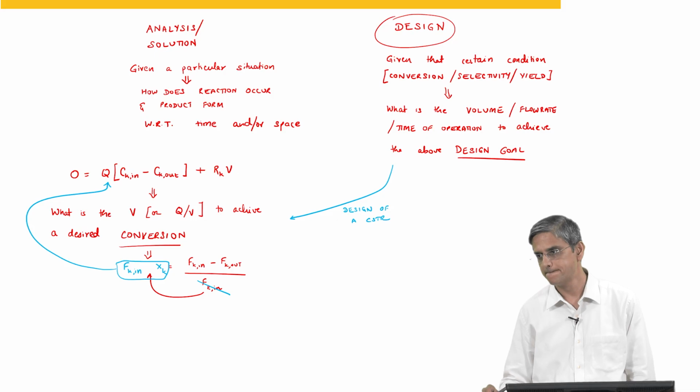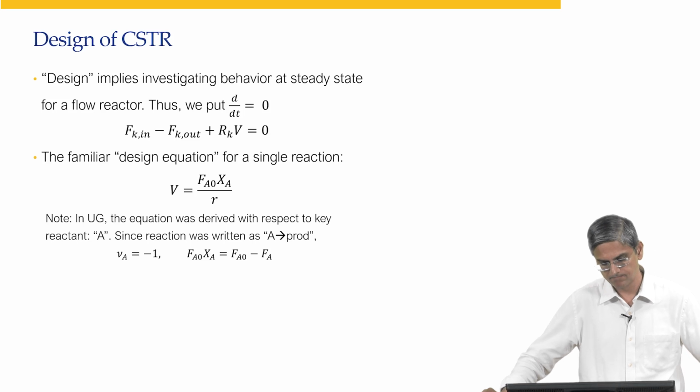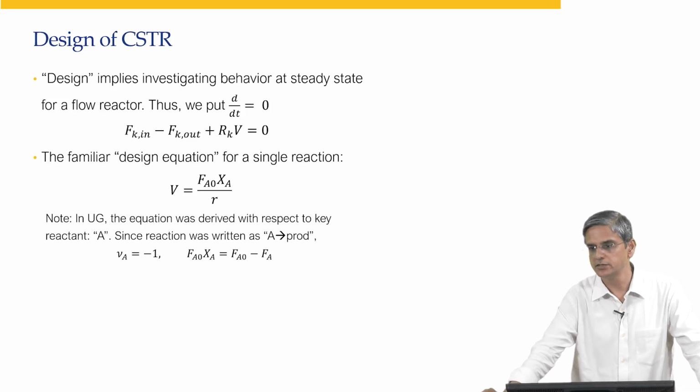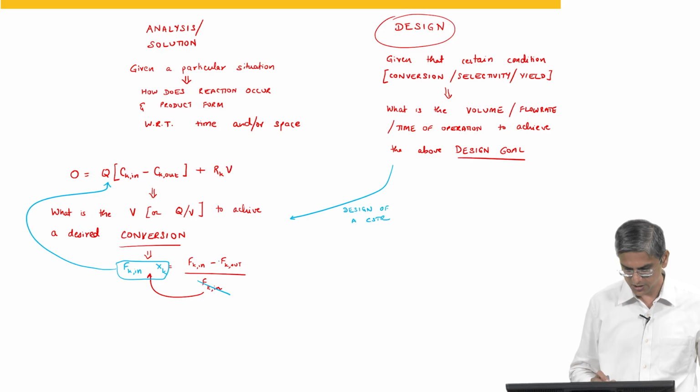Okay. So this is your familiar design equation. You wrote your design equation like this. In your undergrad, your design equation was written in this form. Essentially, this is what this guy is, right?